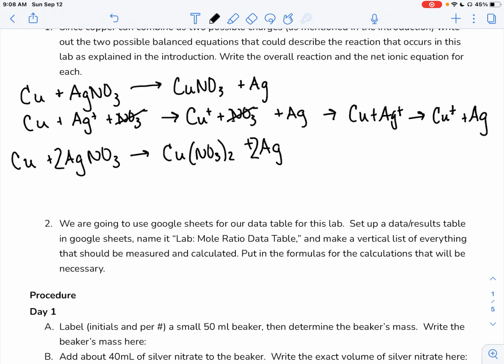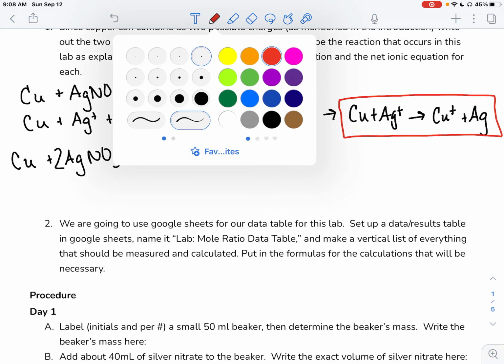One of the questions I was getting in class last week is, why doesn't Cu cancel out with Cu+? Because one has no charge and one has a charge, so they are not the same exact thing. So this is our copper 1 net ionic equation.